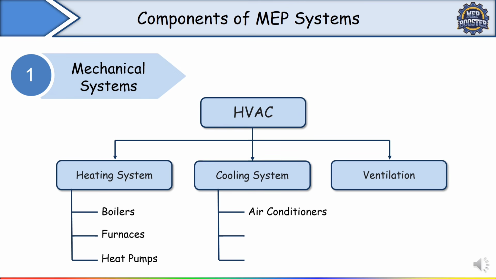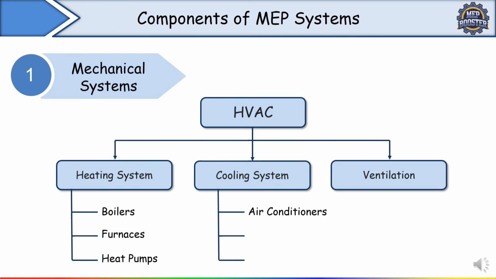And when you go for a package system, the package system combines all components in a single outdoor unit, often used in commercial buildings. Then finally we have a ducted system which uses a network of ducts to distribute cool air through a building, okay.